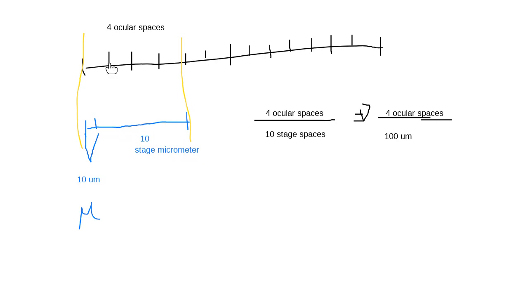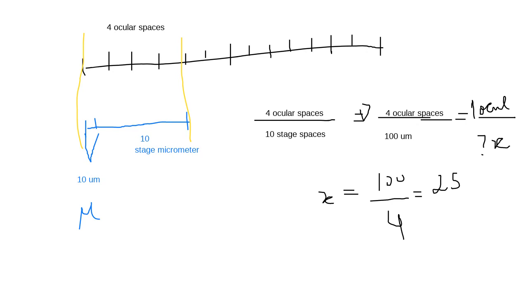And then what I want to know is how big is this in micrometers? So my question is, how about 1 ocular space? How many micrometers is that? So we're going to cross multiply, and you're going to end up with 100 divided by 4, which is 25 micrometers.